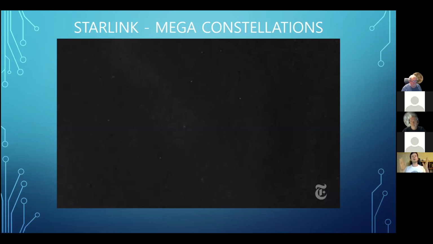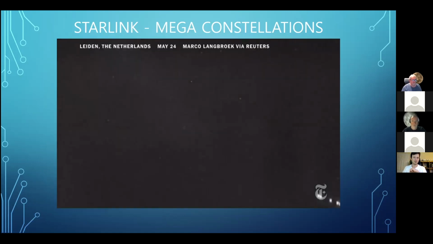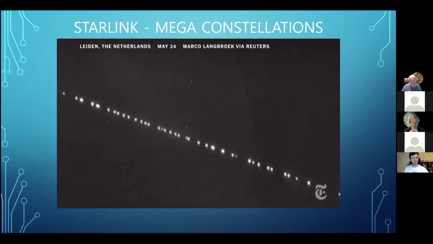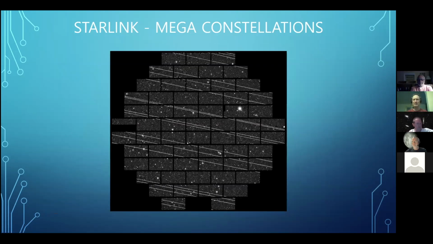They're all loaded up, stacked in like a harmonica sort of look in the rocket, and then they're released once up in orbit. And this is how it looks once you have them. A huge trail there.